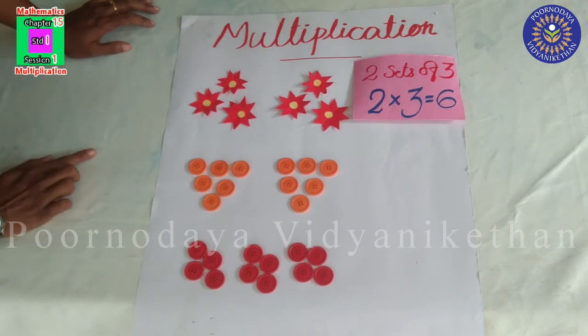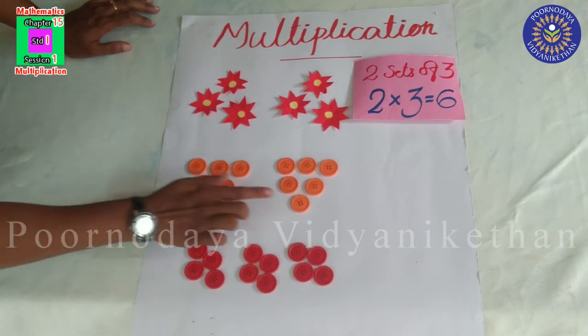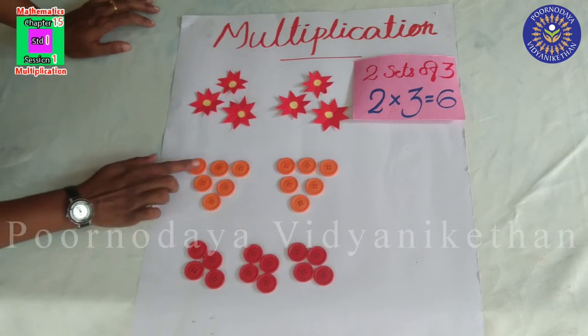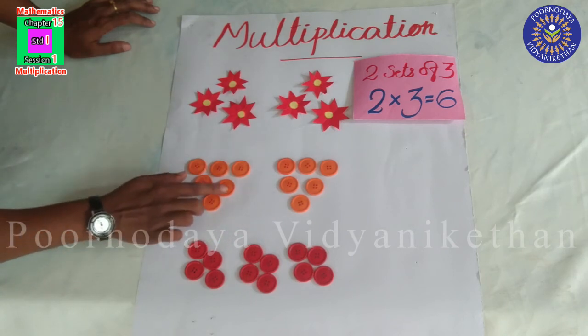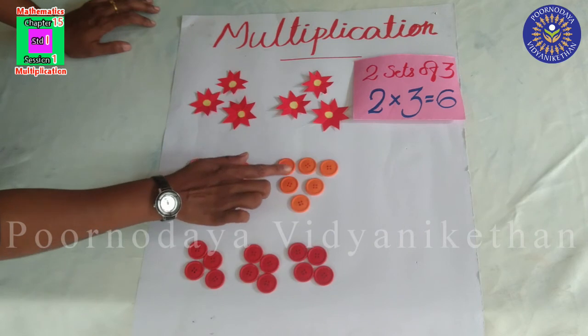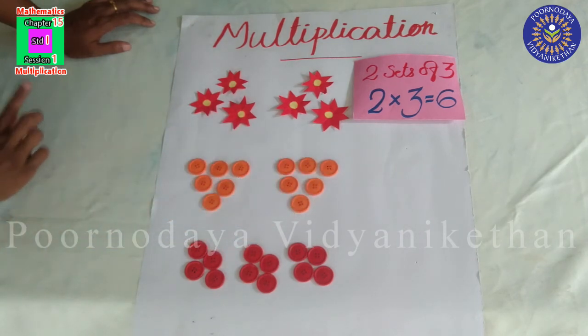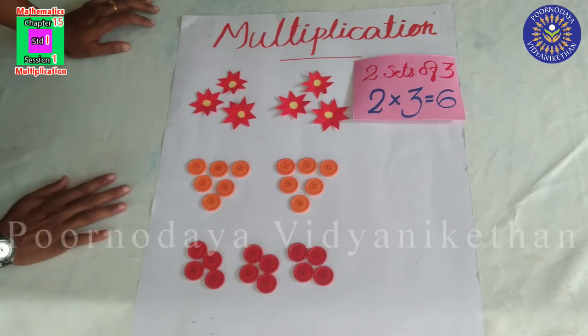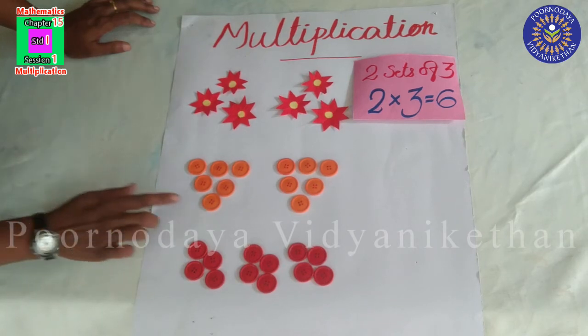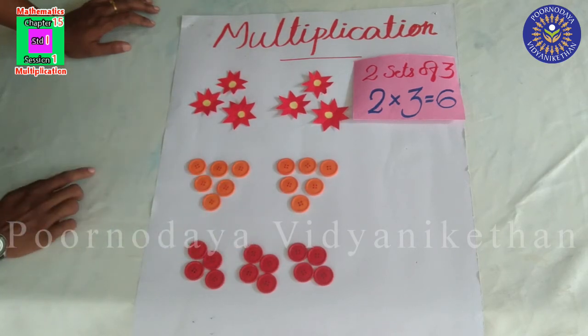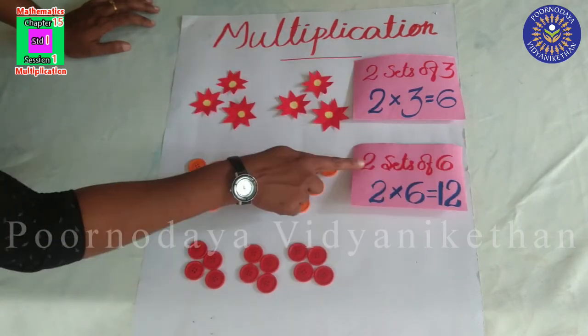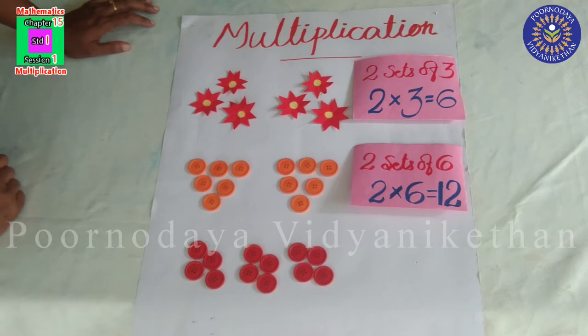Can you tell me altogether how many buttons are there? 1, 2, 3, 4, 5, 6, 7, 8, 9, 10, 11, 12. Altogether 12 buttons, or 2 groups of 6 buttons. 2 sets of 6, or 2 into 6 is equal to 12.